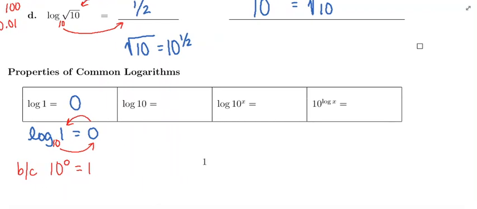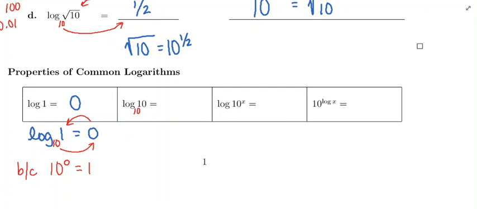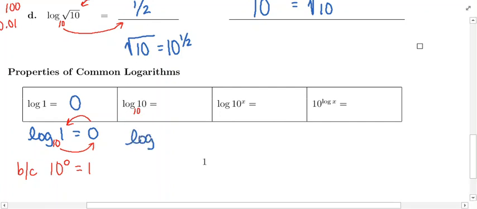All right, moving on. What is log of 10? Again, you're trying to analyze this. This is log base 10. Let me write this out. So we're trying to calculate log of 10. If we take the base, what power do we have to raise it to get this number?